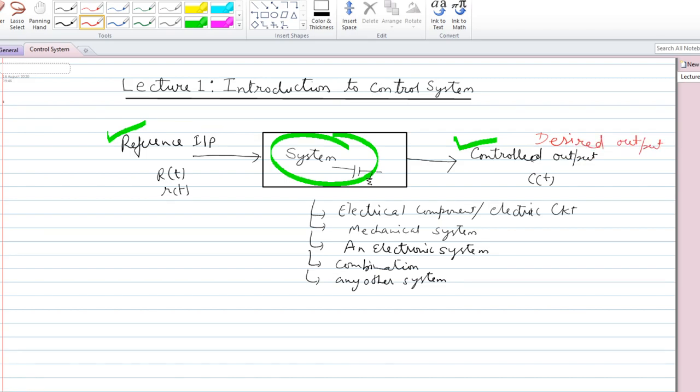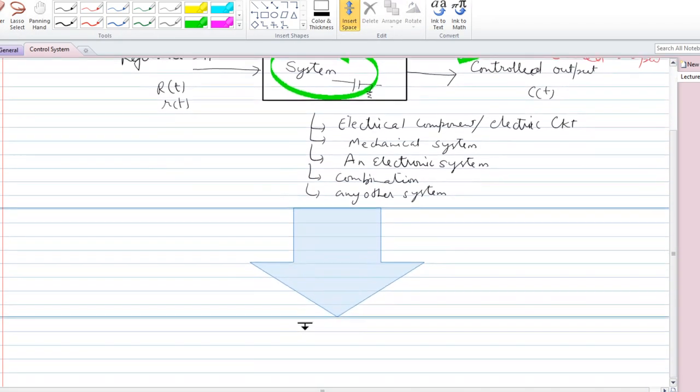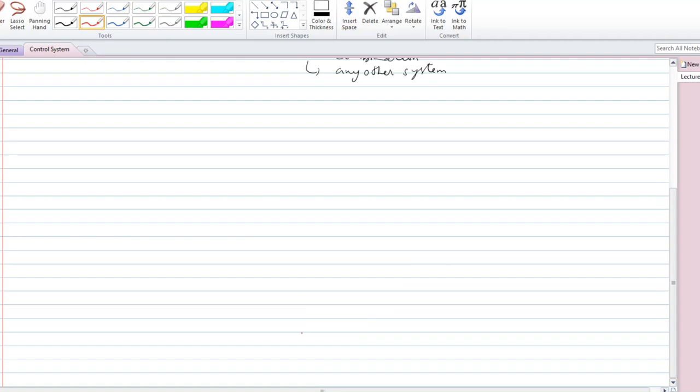Okay, take an example of an electric circuit. Suppose there is a circuit consisting of R and C here.